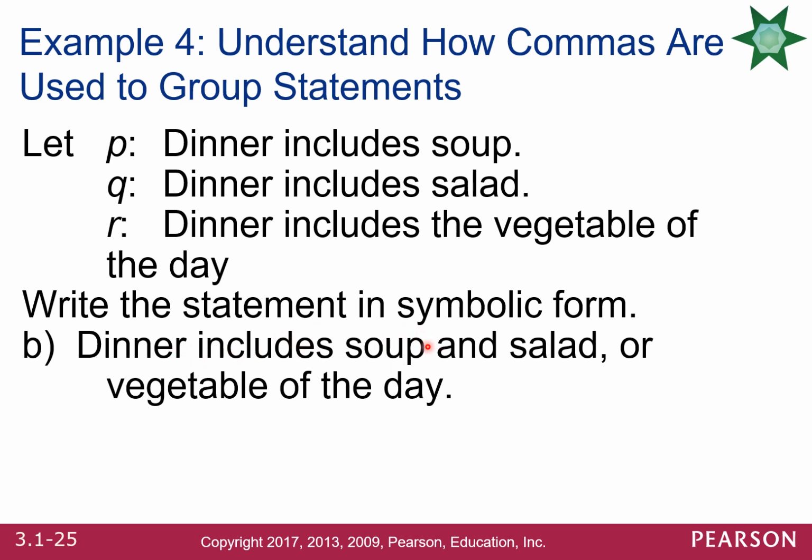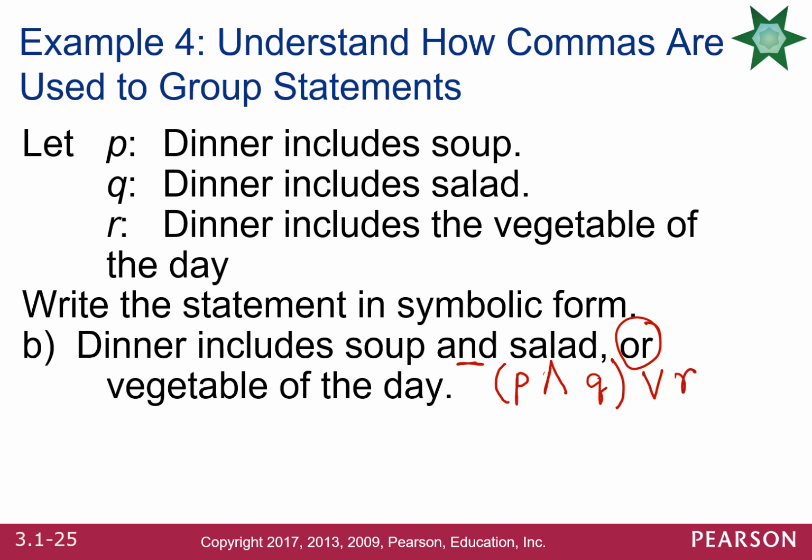So dinner includes soup and salad will be put inside brackets. So soup is a P. This and is going to be the upside-down V. Salad is a Q. Close the bracket, and then this or will be the V followed by R.